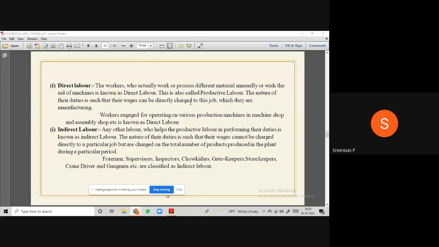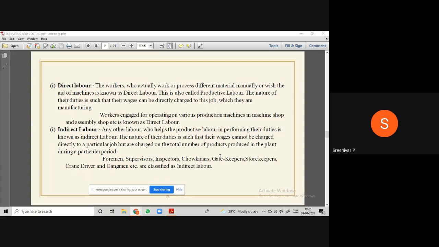Indirect labor is any labor who helps the productive labor in performing their duties. The nature of their duties is such that their wages cannot be charged directly to a particular job because they are engaged at different places. For example, foremen, supervisors, inspectors, chowkidars, gatekeepers will not work at one place in a month.